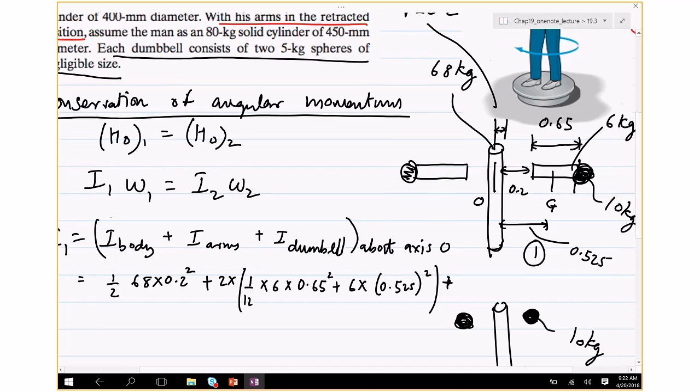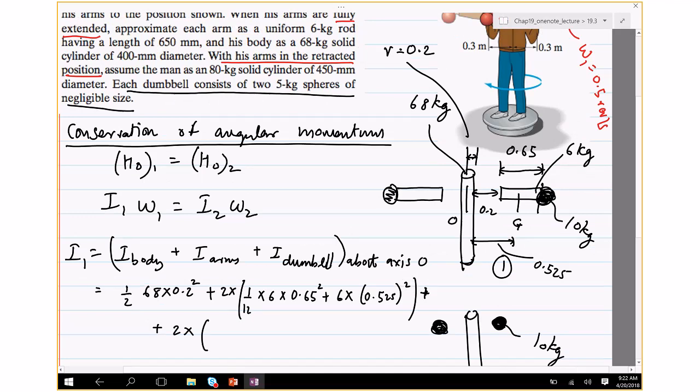Okay. And then finally, I need to find the inertia of the dumbbells. Now there are 2 dumbbells, so I'm going to put twice. Since they are particles, all I care is the mass times the distance from the axis of rotation. So the distance is going to be 0.65 plus 0.2, so 0.85.